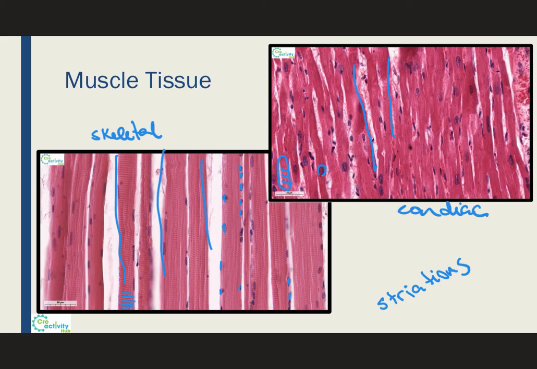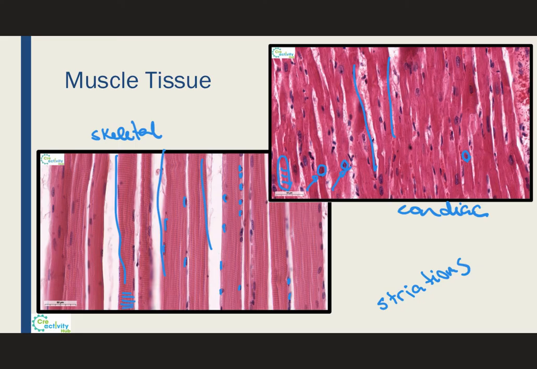We can see one here, another one here. Also, with regards to the nuclei, notice how the skeletal cells have several nuclei on the periphery, while the cardiac cells have only one nucleus that, like we said, is located centrally. The other difference is with regards to what we call the branching of the cells or splitting of the cells.